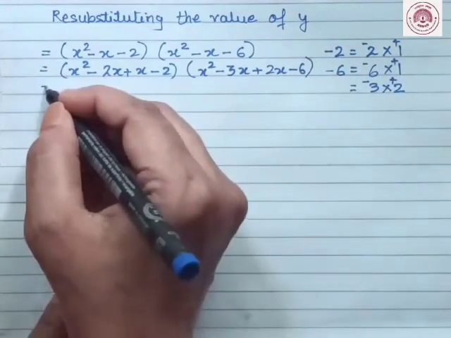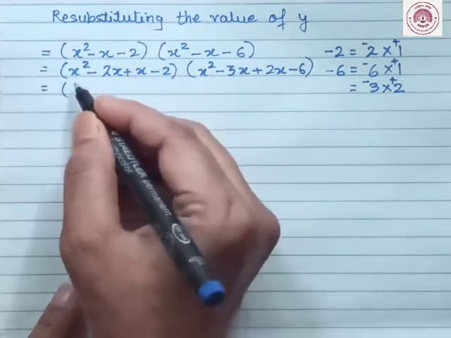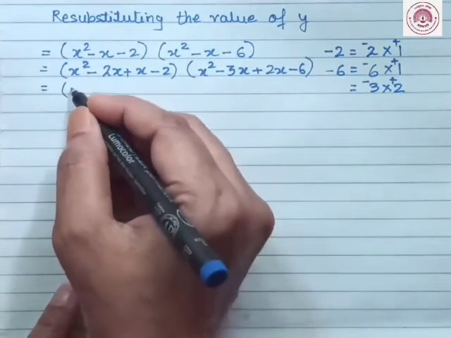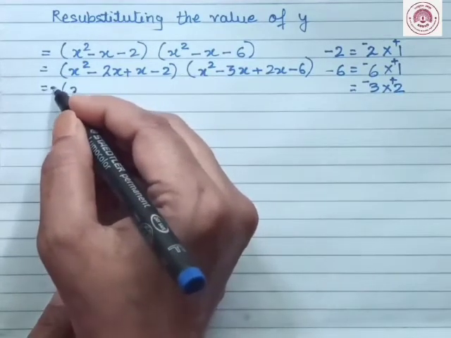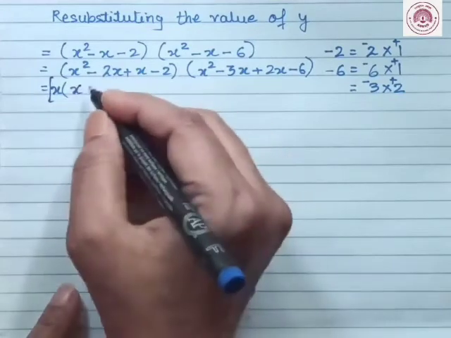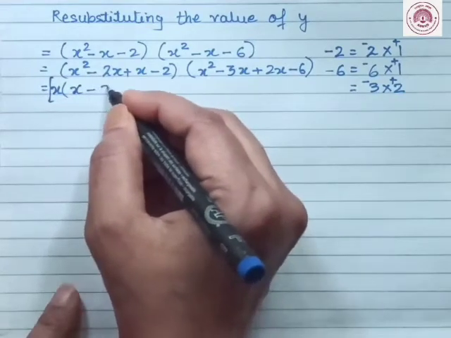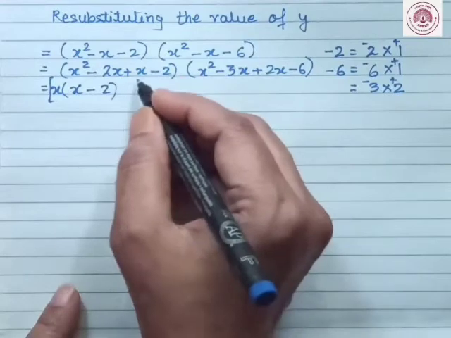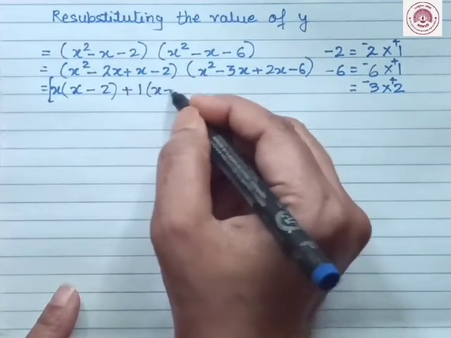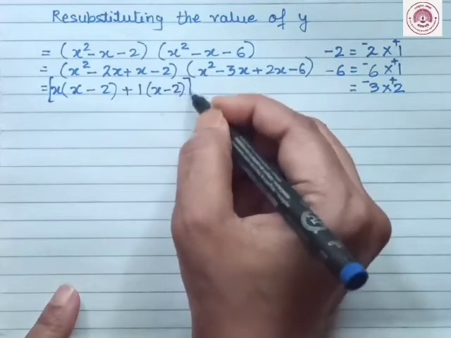Now, what is common? For the first polynomial, in the first pair, x is common, so we take out x and inside the bracket we have x − 2. And here +1 is common and in bracket we'll have x − 2.